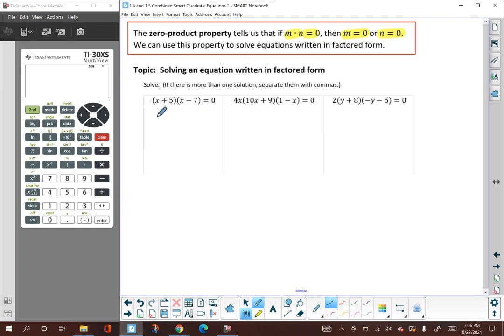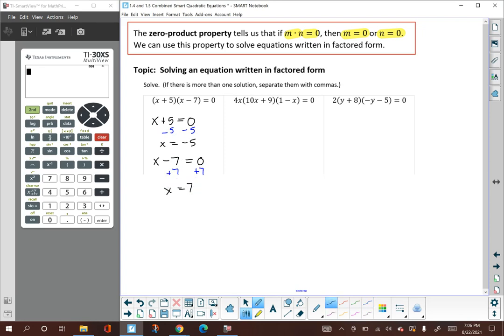That's equal to 0, so we can get one solution from each of those factors. Either x plus 5 equals 0 or x minus 7 equals 0. So to solve those, we get x equals negative 5. And for the other equation, we get x equals 7.